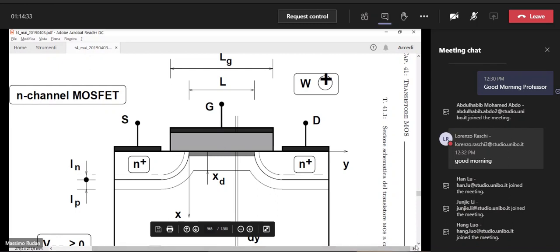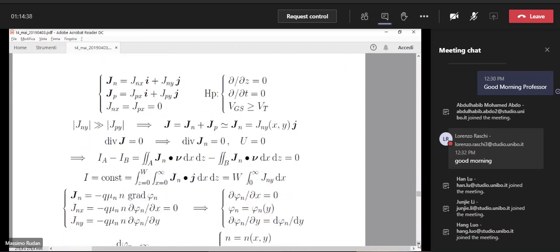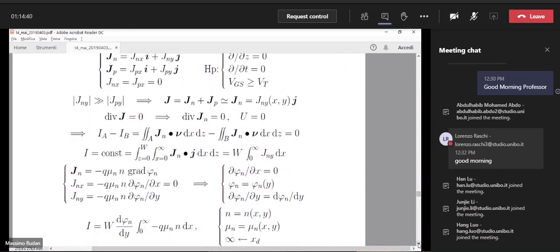Okay, so we now go back for a second to the other page. The flux of Jn is, of course, the projection of Jn along the y direction, integrated along x, that is in the vertical direction, and along z, that is in the direction normal to the page.